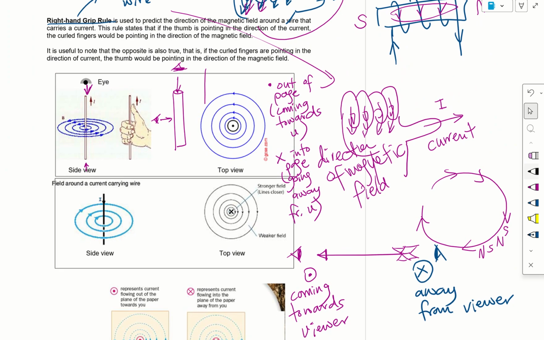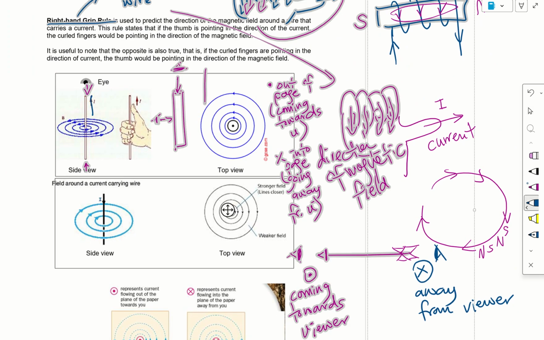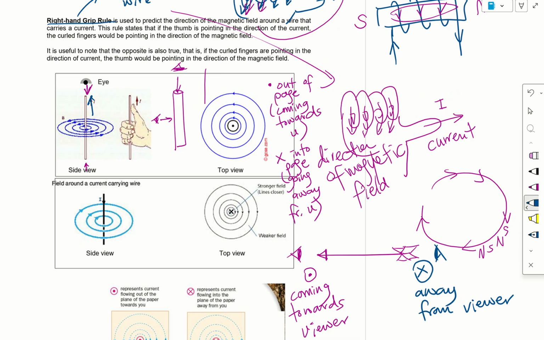So for this example, the current is actually going from bottom to the top, and I'm looking at the top part. So it will mean that the current is coming towards me. Okay, so now we apply the right hand grip rule, whereby the thumb represents the direction of the current. So if you are looking at my screen now, you should have your thumb pointing to yourself, because I gather that you're viewing this video from a vertical screen.